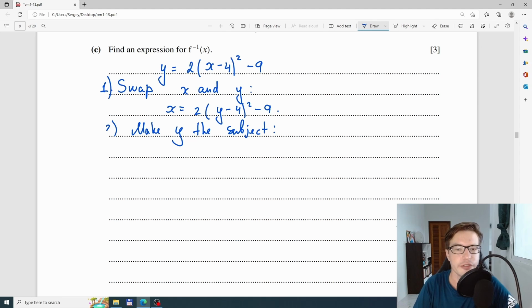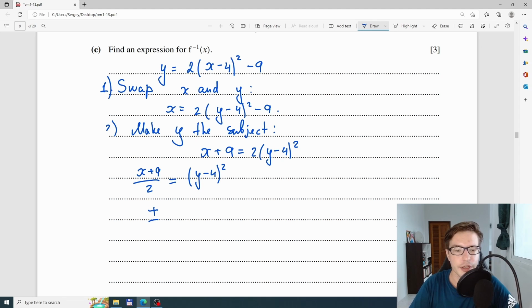So what I'm going to do is to move minus 9 to the left side with a plus sign. So it's x plus 9 equals 2 times (y minus 4) squared. Divide everything by 2. So we get (x plus 9) divided by 2 equals (y minus 4) squared. Now I will take the square root of both sides.